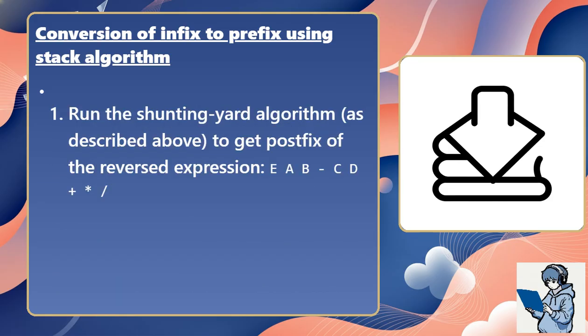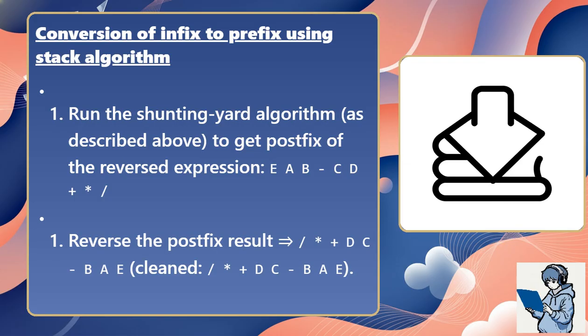Step 3. Run the shunting yard algorithm as described above to get the postfix of the reversed expression: e a b minus c d plus times divided by. Step 4. Reverse the postfix result; it becomes slash star plus d c minus b a e. The resulting prefix expression is slash star plus d c minus b a e.